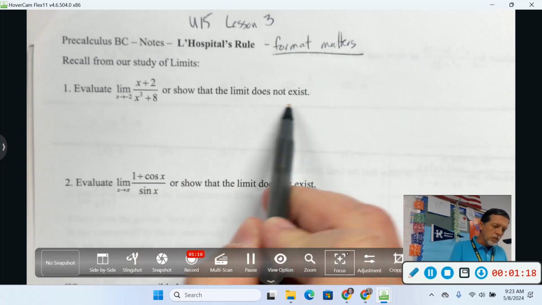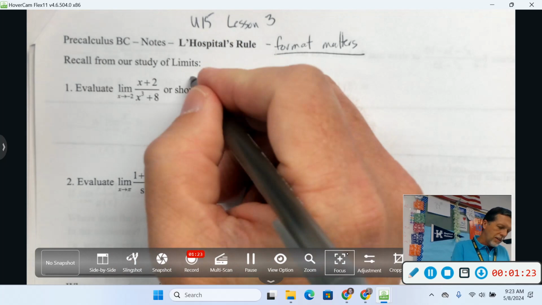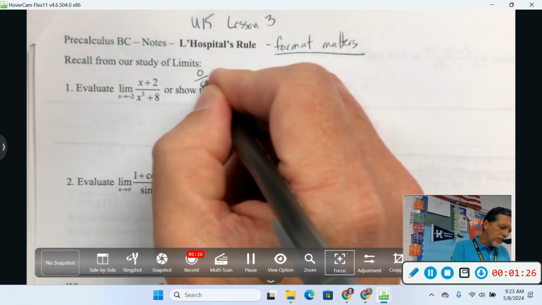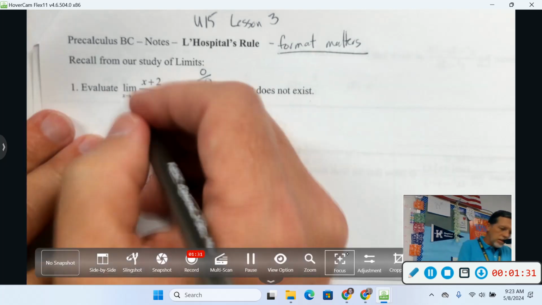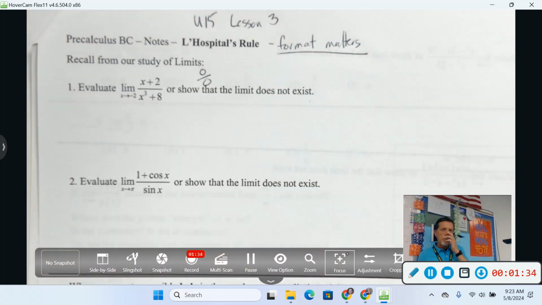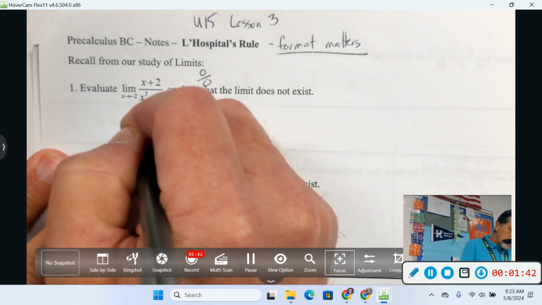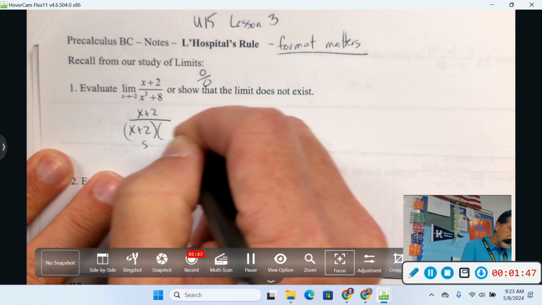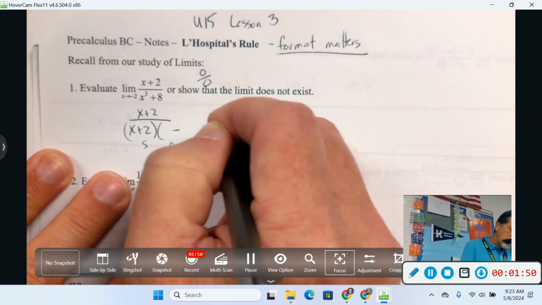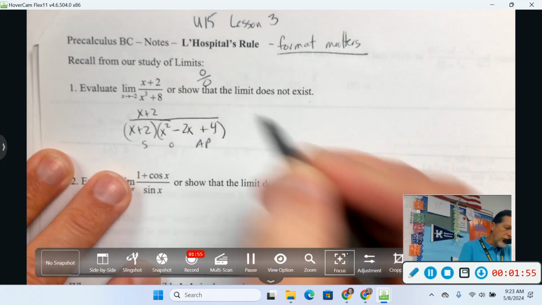All right. Evaluate this limit or show that the limit does not exist. If I plug in -2, I get 0 over 0. But that's not allowed. I don't know what that is. Do you remember how we would do this one? Let's factor the bottom: x plus 2, and then I'm thinking about same, opposite, always positive. Square the first one, multiply the 2 together, square the second one.